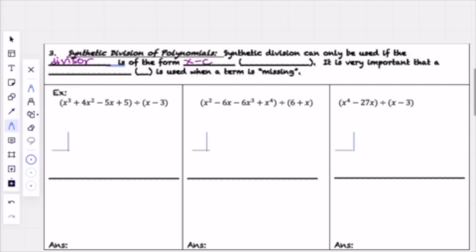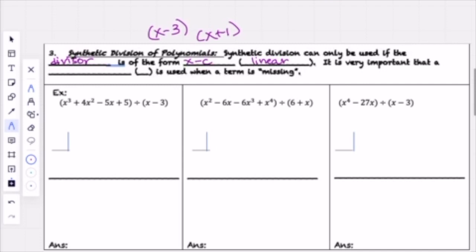C can be positive or negative, so that would be divisors that look like x minus 3 or x plus 1. Anything that looks like that is a nice candidate for synthetic division. We can call these factors linear factors.